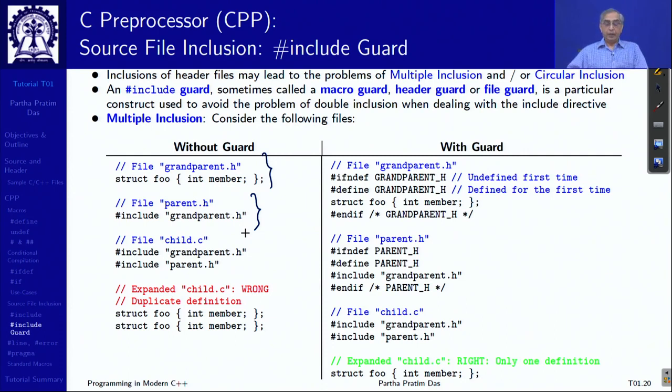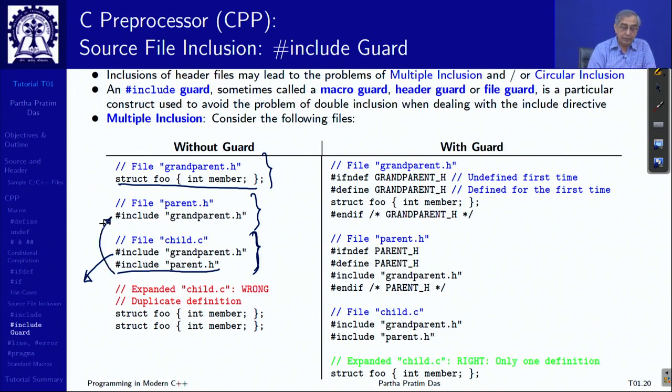Now there are two headers, and you are writing a source file, and in the source file you do not know whether you have to go to parent or grandparent, so you included both of them. Now, what will happen? This grandparent will include this structure, then you come to include parent, which will again include grandparent.